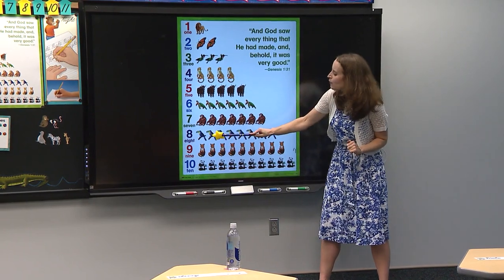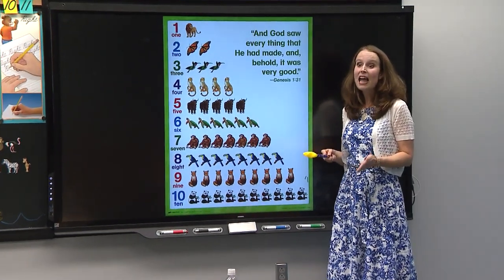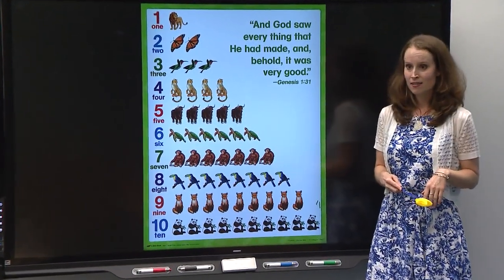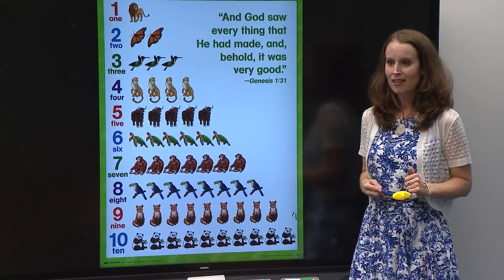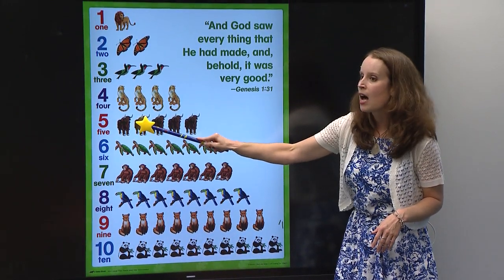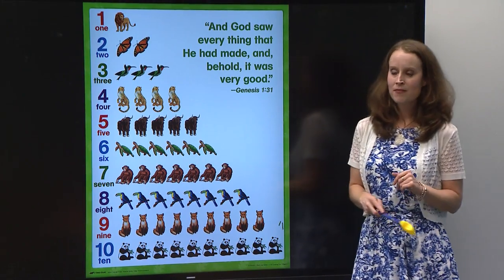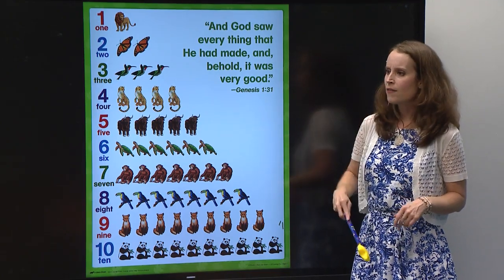So when I count from 8 to 7, is that more or is it less? Aria, from 8 to 7, am I getting bigger or getting smaller? Smaller. I'm going backwards, so it's less. What about when I count from 6 to 5? Is it more or less, Hayden? From 6 to 5, is it getting bigger?